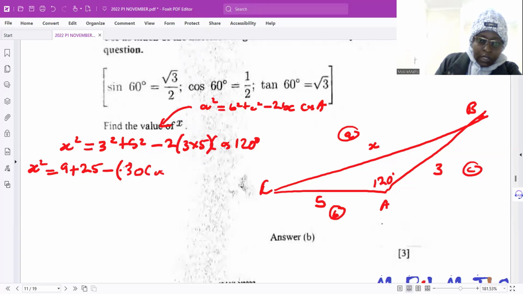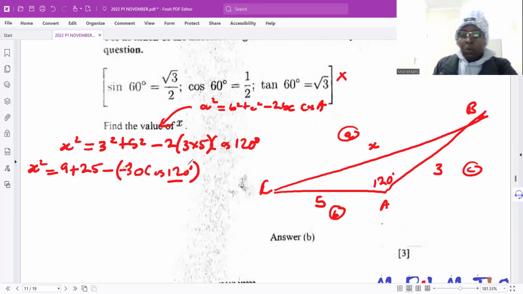Then we have cos 120 degrees. For me to change cos 120, I'm going to take a minus sign, because we don't have 120 on this list here. Cos 120 is the same as minus cos of 60.